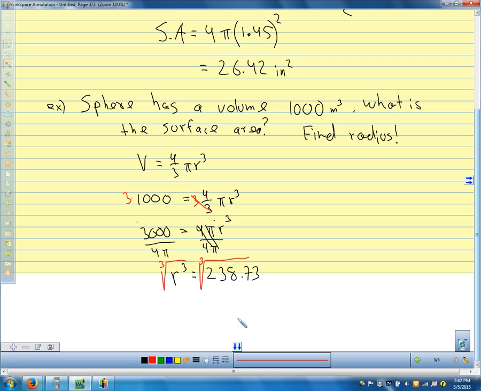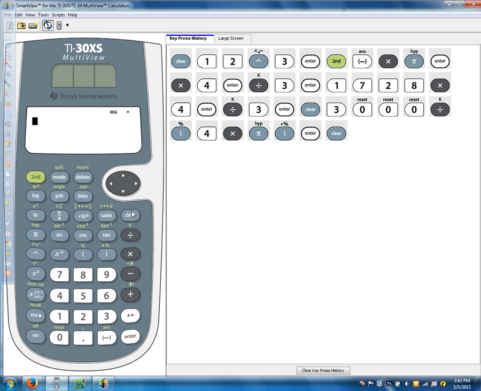Let me show you how to do a cube root on your calculator. Most calculators are going to look just like this, more or less. If you have something different, an older calculator, I can show you how to do the cube root on your older calculator. The root button is here, this shifted button. I want the cube root, so I'm going to do 3, and then hit that button. That tells me I'm doing the third root.